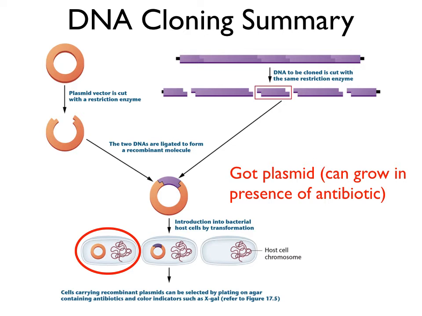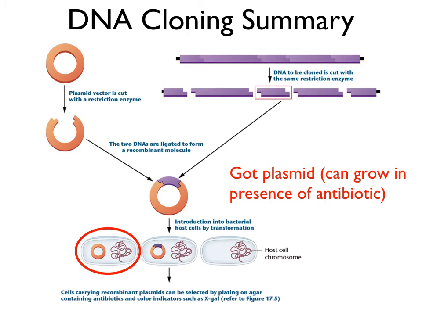But then there are three options of bacterial cells. On the left, circled in red here, is a cell that received the plasmid, okay? But it did not get the chunk of DNA that I tried to put into it. It didn't get that purple bit, okay? And so what that means is this cell can grow on antibiotic.